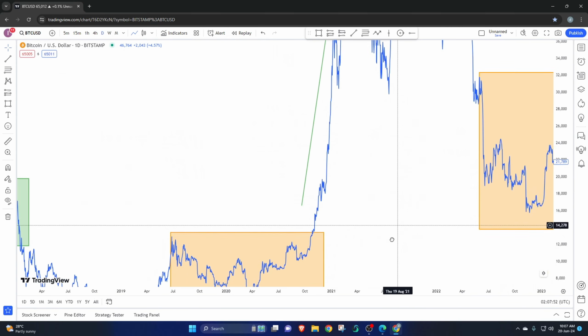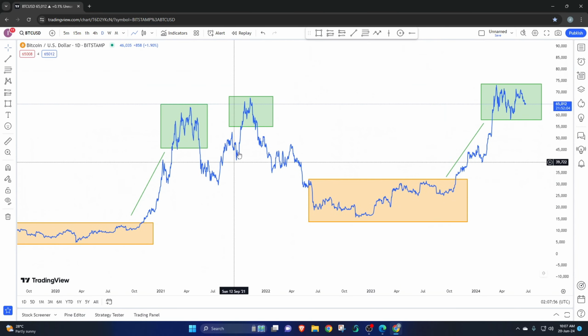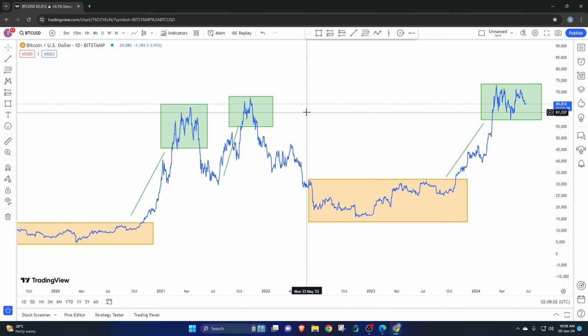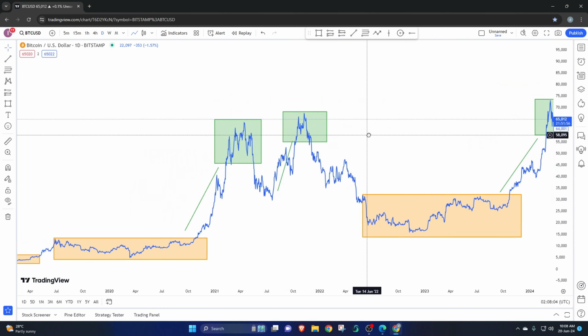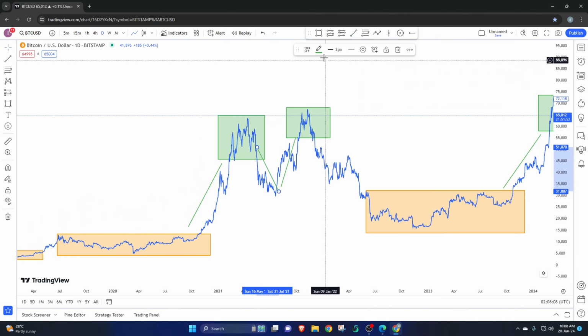And since then, we've seen a rally. There was another markup. This was the second pump, or the second top, during the last cycle, and in between we have markdowns.